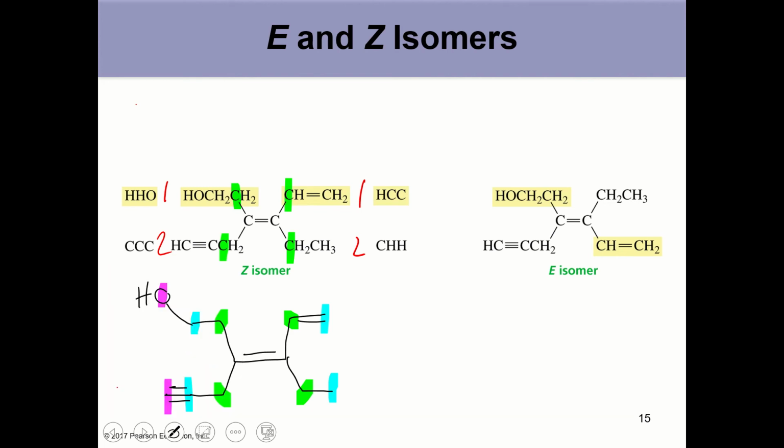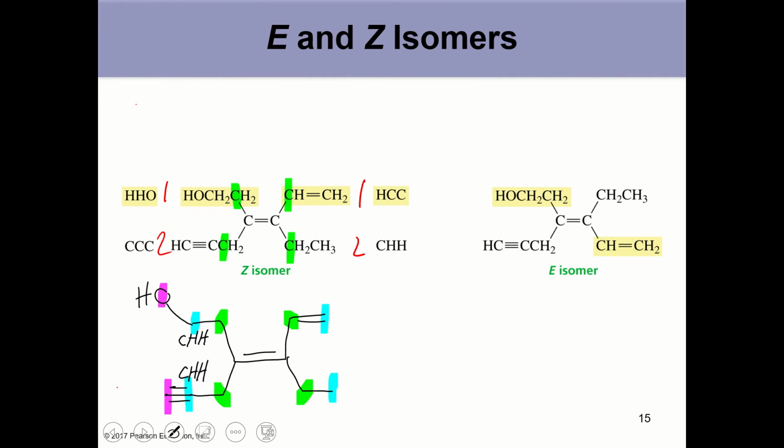highlighted in blue, we have that the atoms bonded to the green carbon are carbon, hydrogen, and hydrogen, and the atoms bonded to the green carbon on the bottom are carbon, hydrogen, and hydrogen.